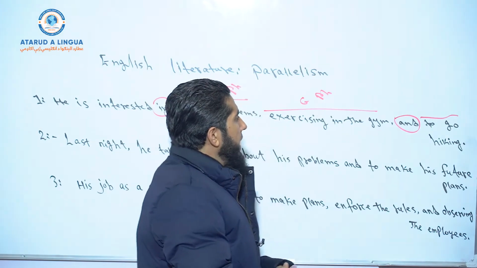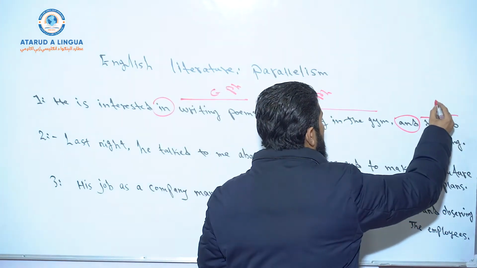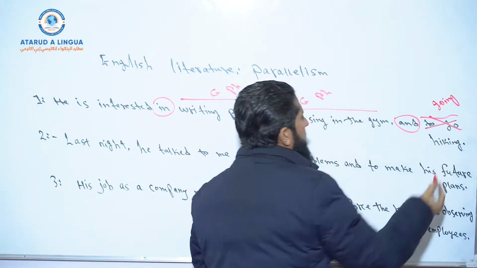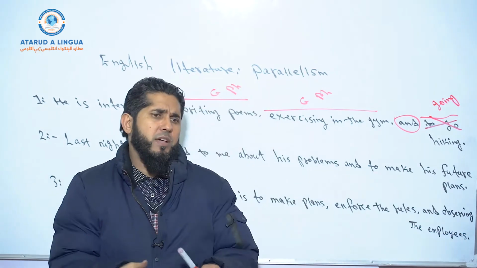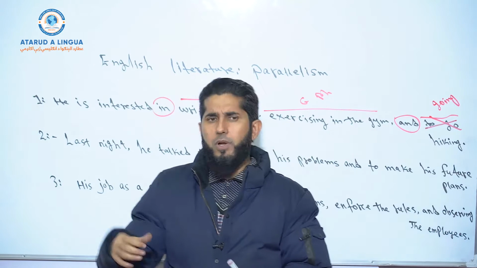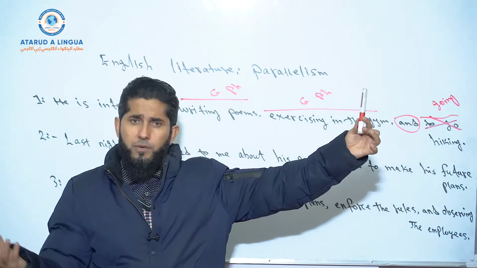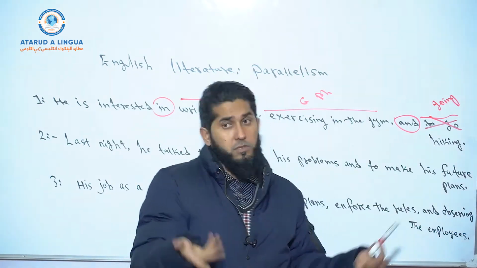So how? Just remove "to go" and write "going hiking." It's possible, though I'm bringing two gerunds next to each other. It doesn't sound very good, but it's okay. You may make it a little bit longer, for example, in going to the mountains for hiking, but still correct.